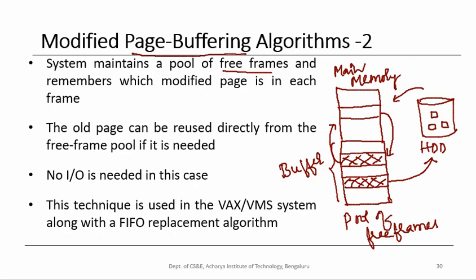The old page, which has gone to the hard disk after replacement, can be reused directly from the free frame pool instead of bringing it from the hard disk. This saves us an IO and a lot of time. This is the technique used in the VAX VMS system along with the first in first out page replacement algorithm.